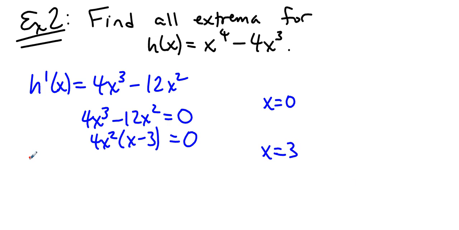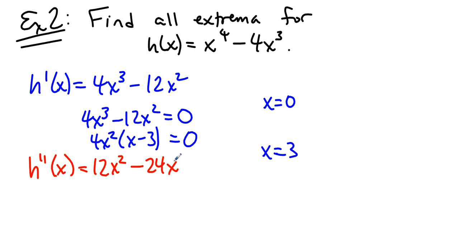So we take a look at the second derivative. The second derivative is 12x squared minus 24x. So I've got two values of x where the tangent line is flat. What is the second derivative at those points?